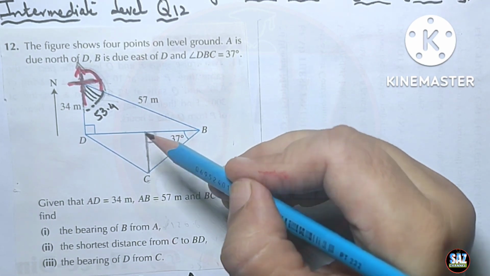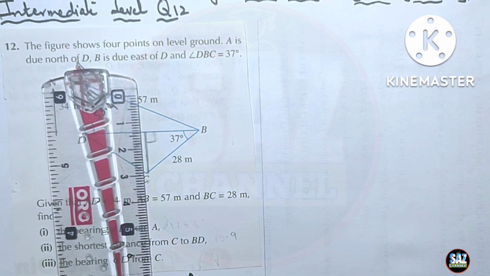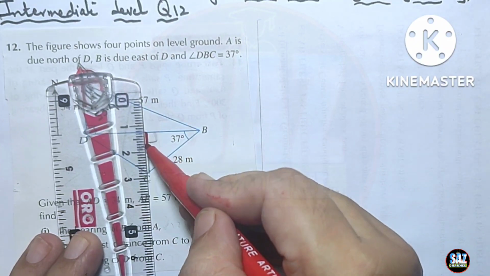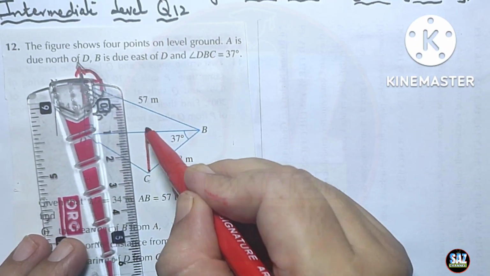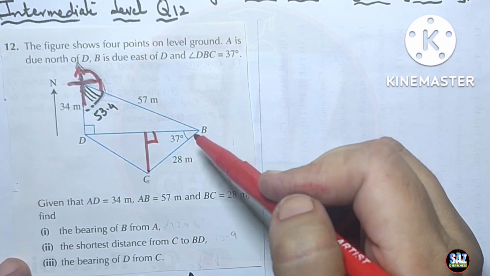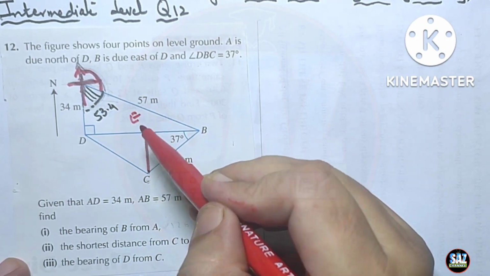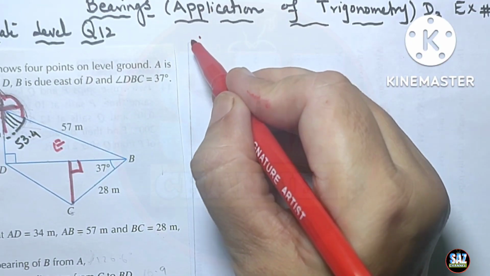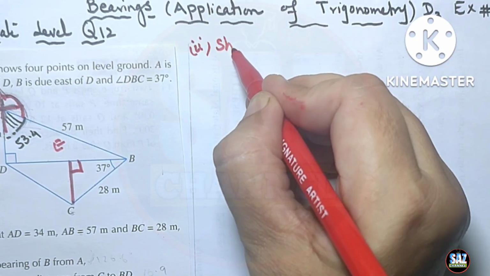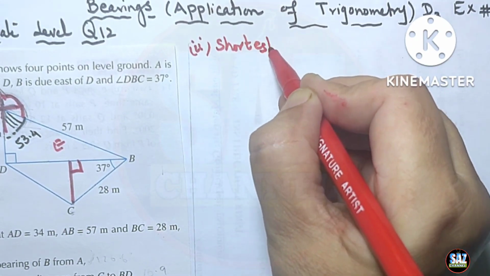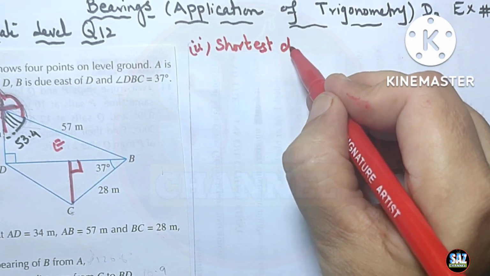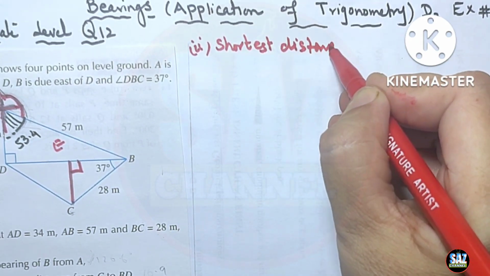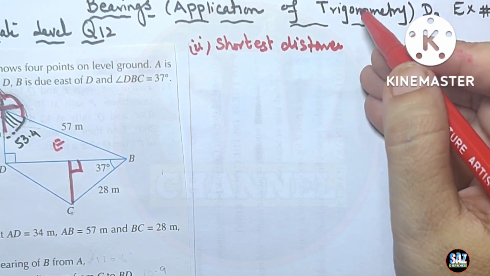So what I have to do is drop the perpendicular from this point C to BD, and due to this perpendicular, I can create a right angle triangle in my diagram. So the second part is the shortest distance from C to BD.